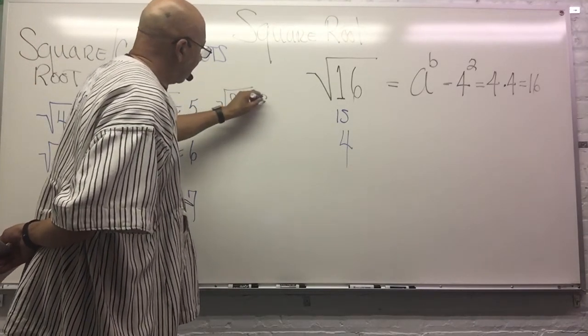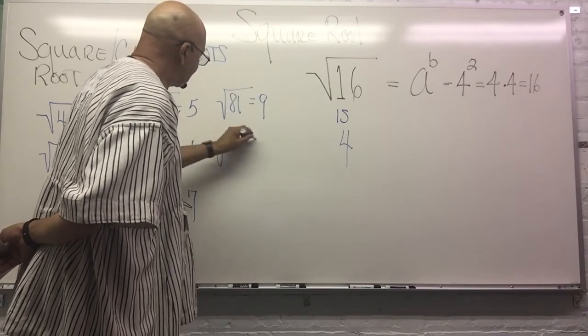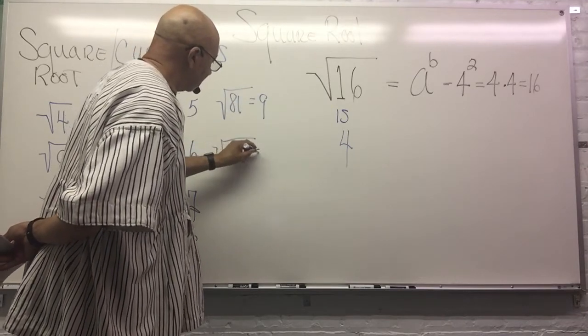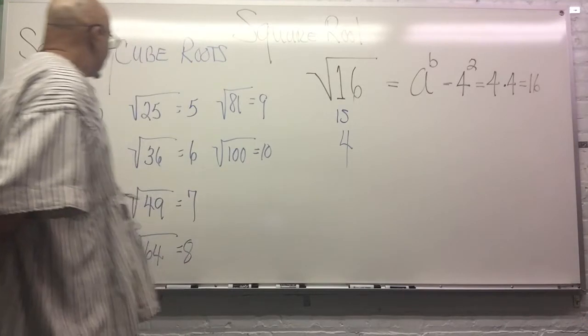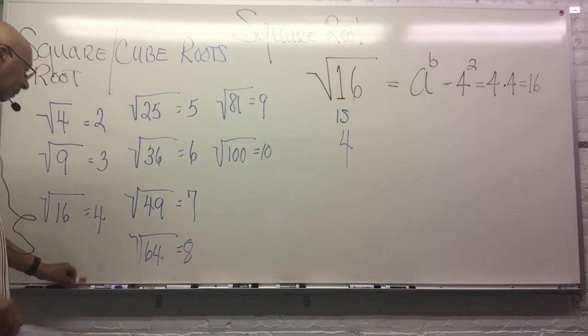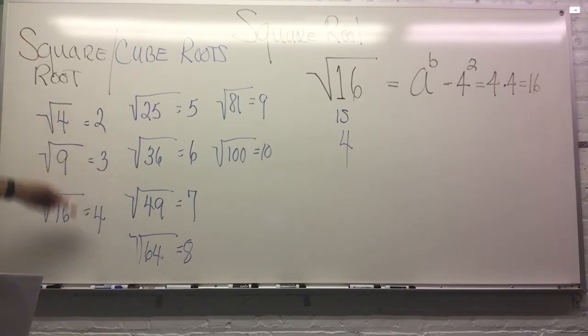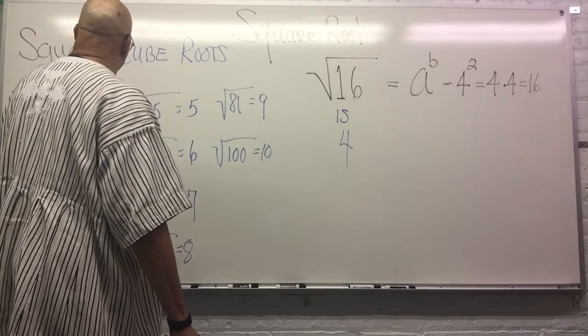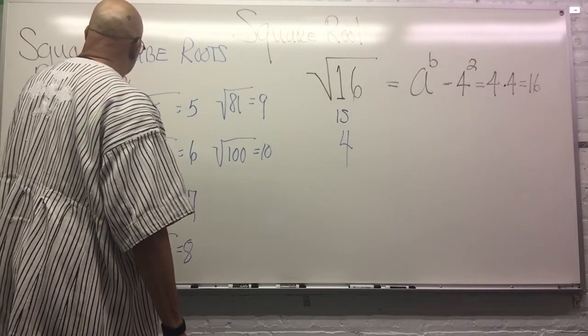You say 9. And what is the square root of 100? You say 10. So all of these we call perfect squares because they're the counting numbers, basically. So these are all my perfect square roots.